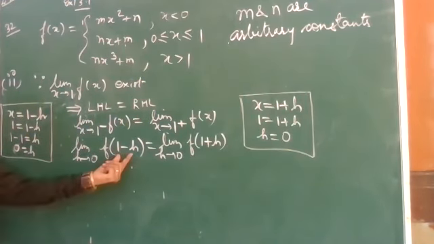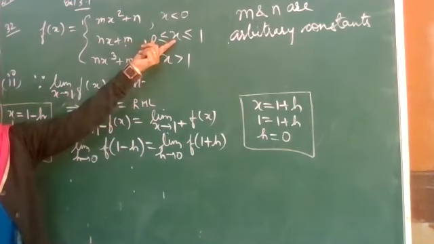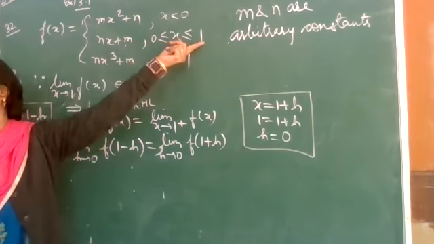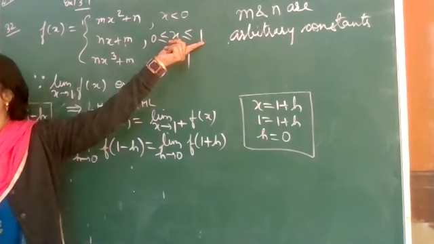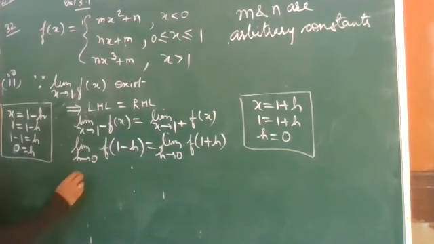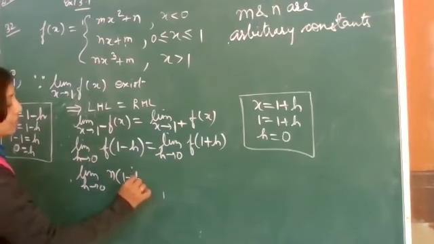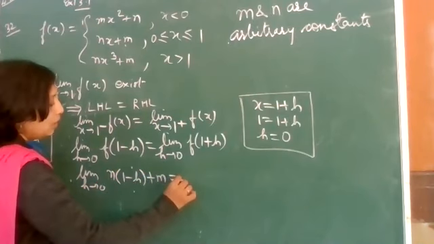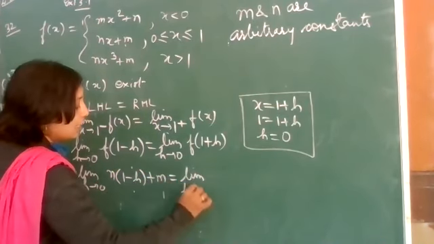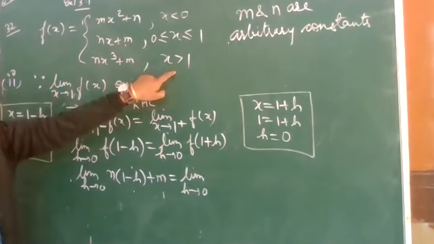Okay, now f of 1 minus h. 1 minus h means the function which is defined for less than 1. 1 में से कुछ value minus हो रही है. So the function which is defined for less than 1. That means this one. Limit h tends to 0 of (1 minus h) plus m equals limit h tends to 0 of 1 plus h, meaning 1 से बड़ा, the function which is defined for greater than 1.